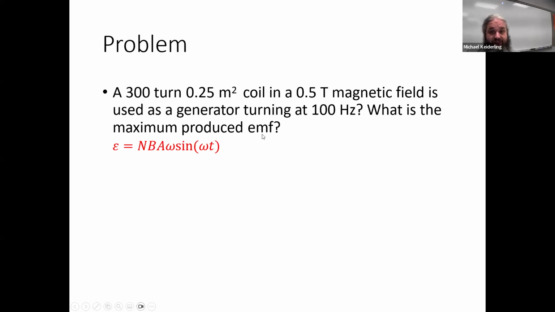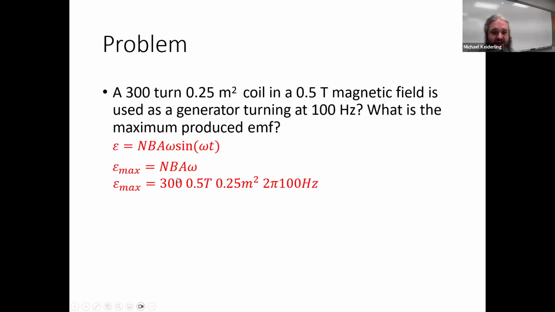We want maximum produced EMF. That is going to be when the sine is 1. So that's number of turns times magnetic field times the area times the angular velocity.